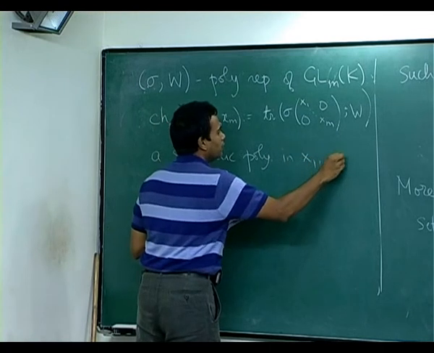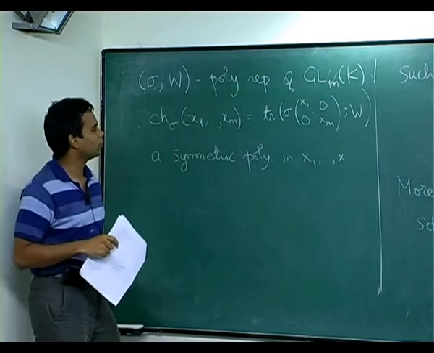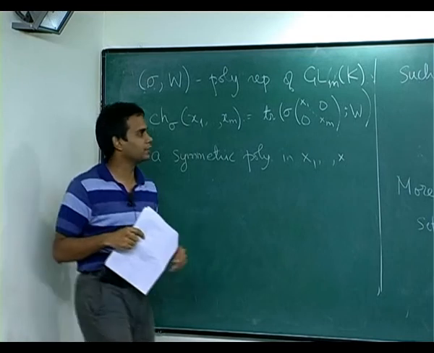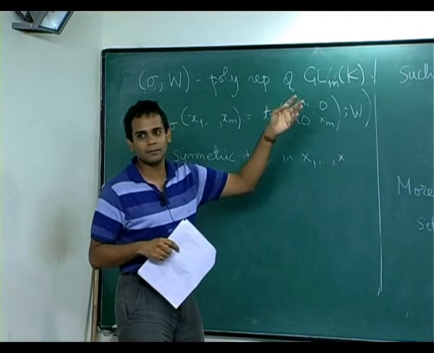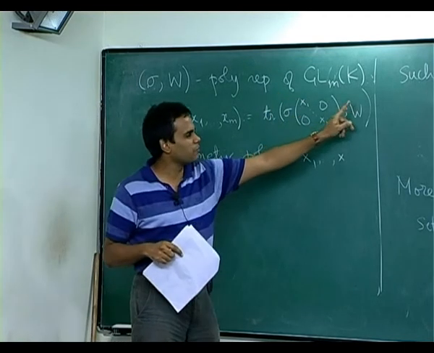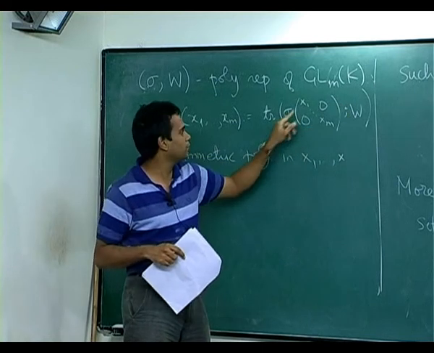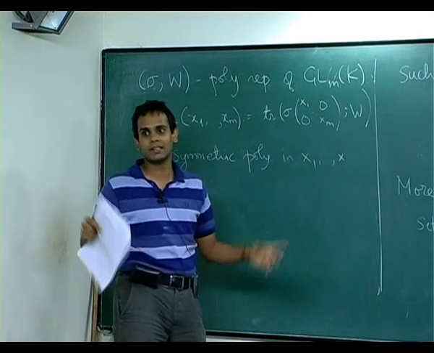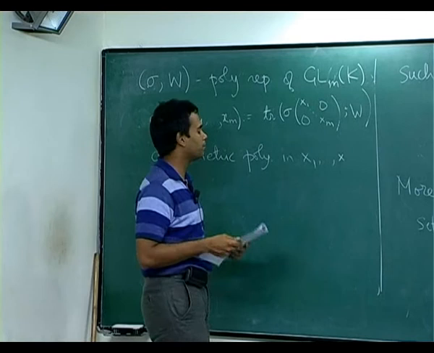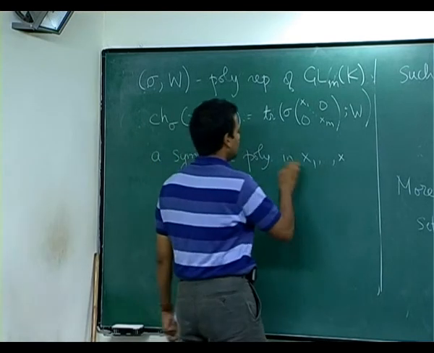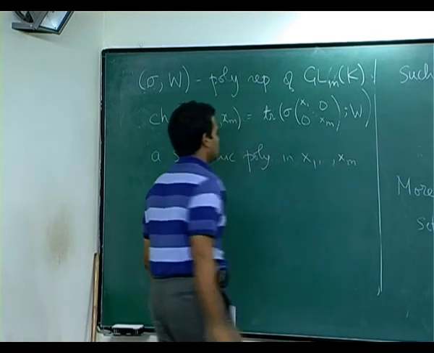Why is it polynomial? Well, it is polynomial just because sigma, W is a polynomial representation. If you take any basis of W, then the entries of sigma of x1, x2, ..., xm are polynomials in x1, x2, ..., xm. You are adding up certain entries, so there is a symmetric polynomial in these things.